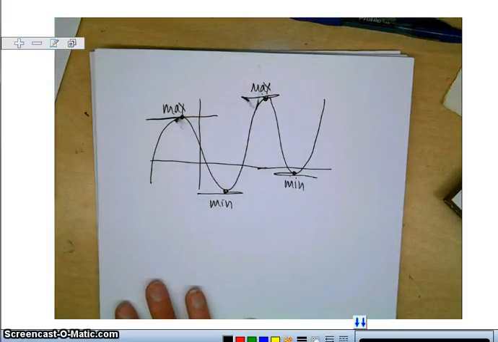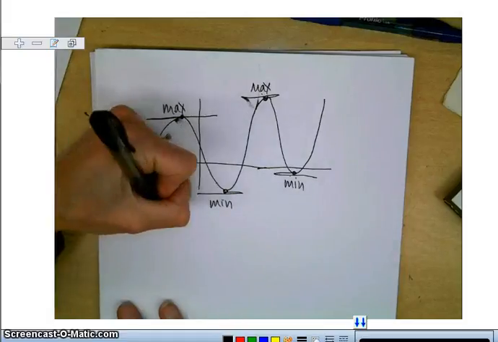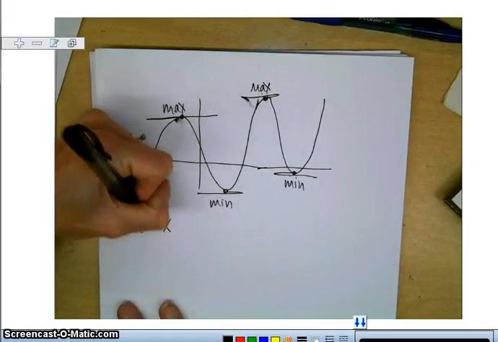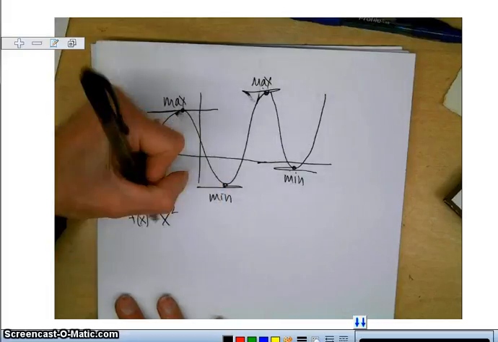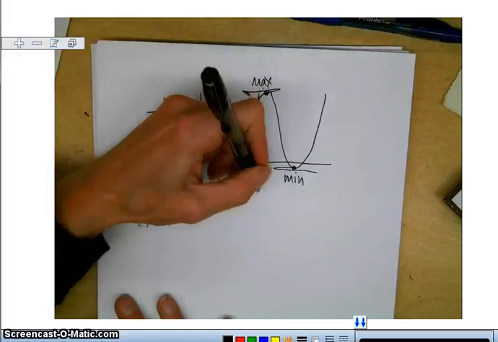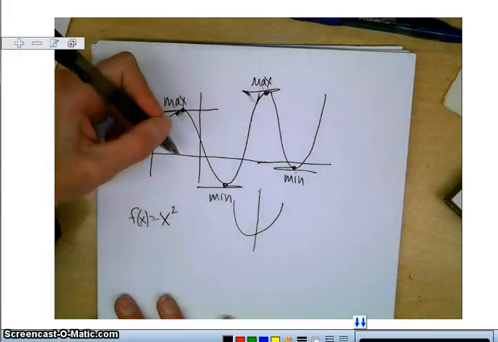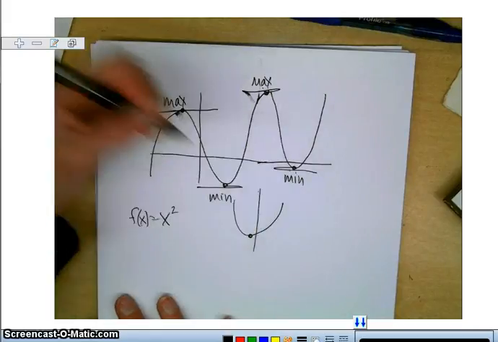Do you know exactly how many places there should be a horizontal tangent in a function? Like if I have a function that's f of x equals x squared. Well, what's x squared look like? A parabola. How many max and mins does that have? 1.